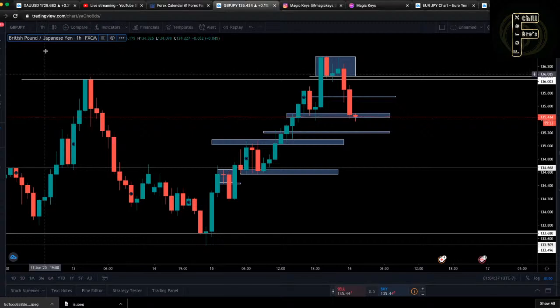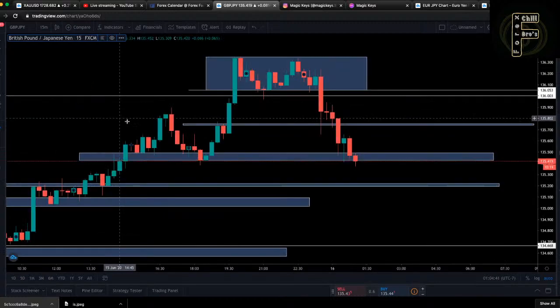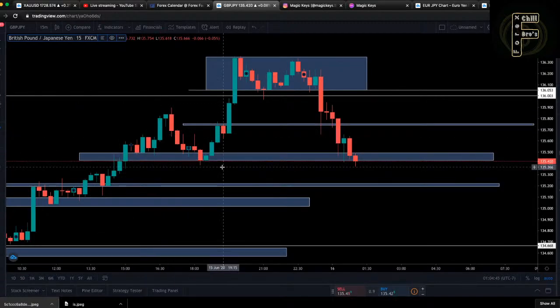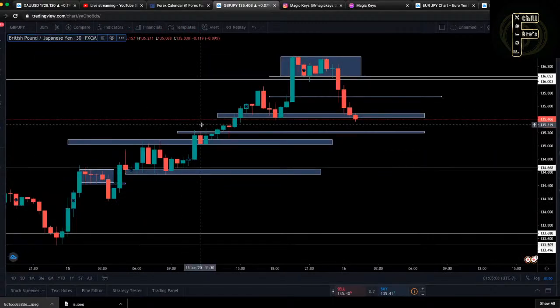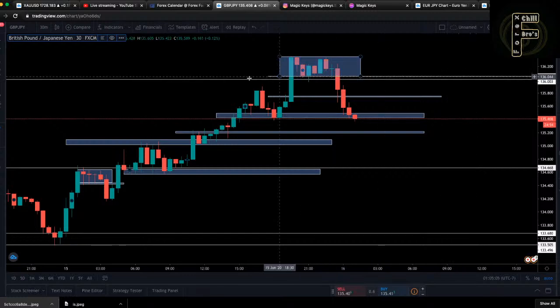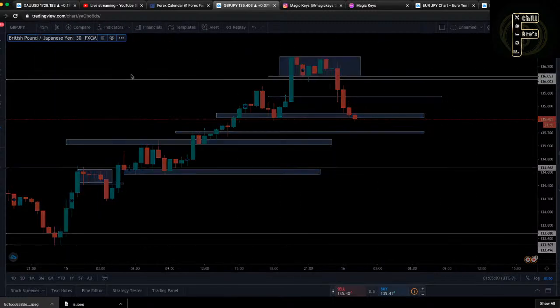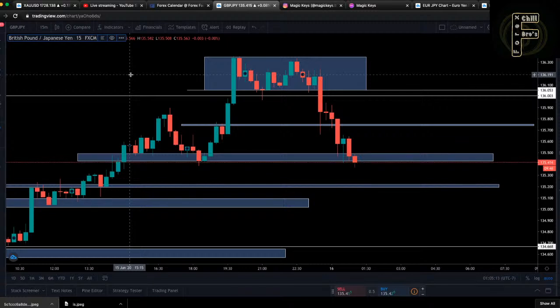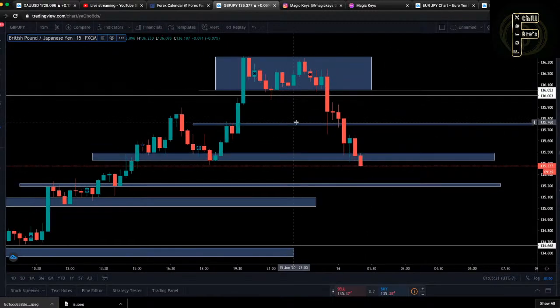So price is doing its thing. Let's go to the 15. 30 minutes bearish. Pushing all the way down, I guess.